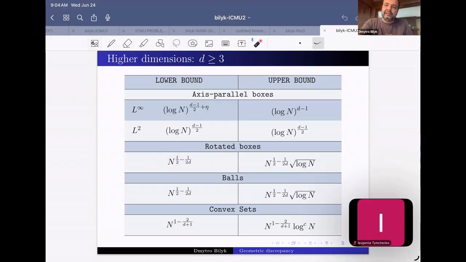So here for rotated boxes and balls, it's going to be a little bit better than random. The optimal discrepancy is a little better than random, and this improvement over random goes to zero as d goes to infinity. So for very large dimensions, the order of magnitude is almost the same as for random points.